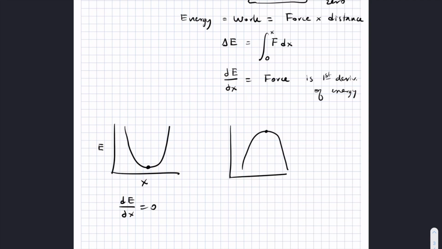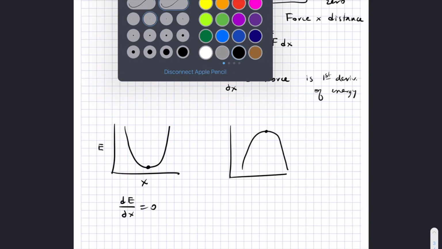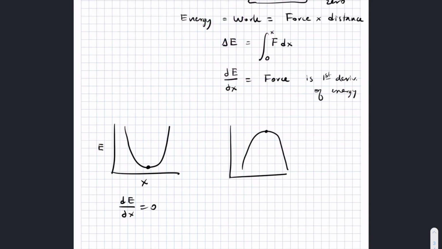Go ahead. The concavity. Okay, so the second derivative. Right. The second derivative you can think of as concavity, you can think of it as gradient. Remember, the first derivative is instantaneous slope. At that point, the slope is 0. But the second derivative is how that slope is changing.